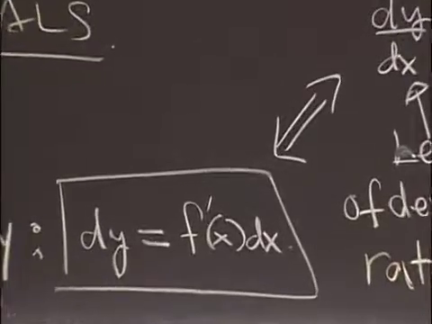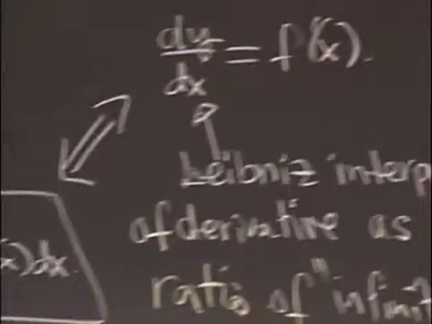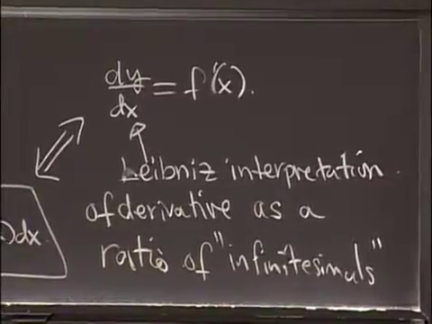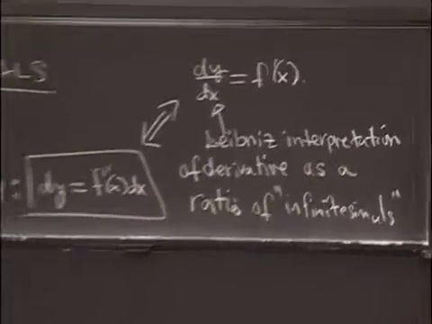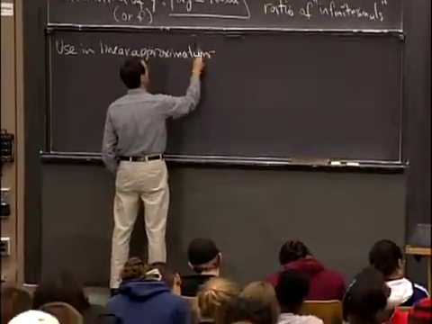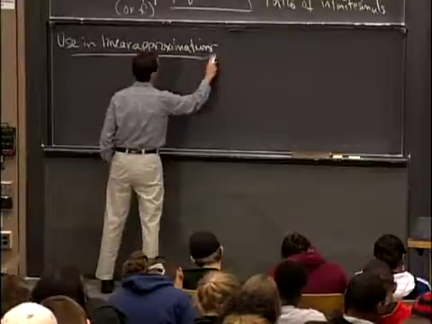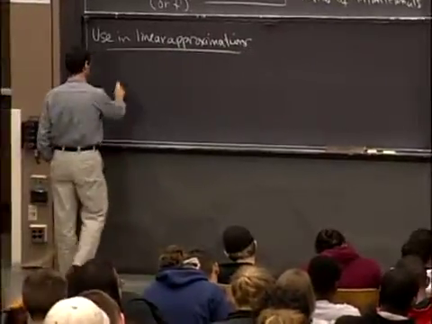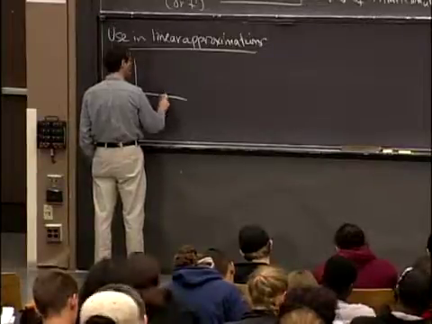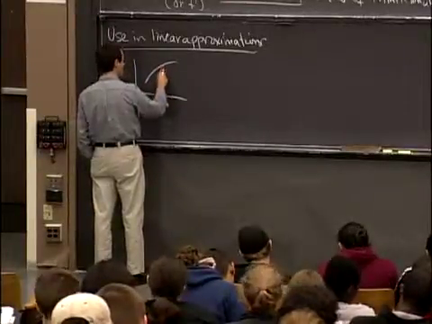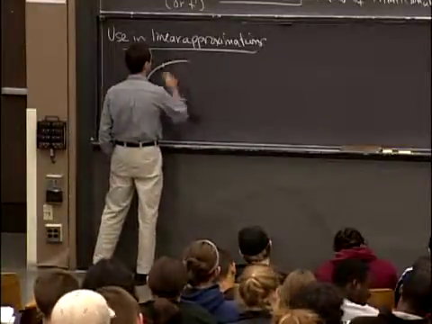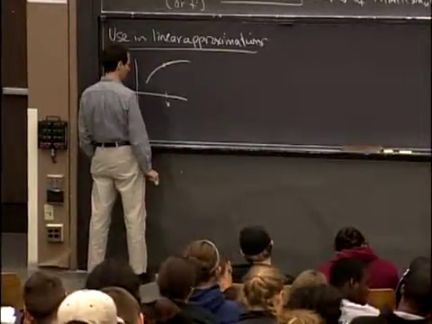So first of all, just to go a little bit easy, we'll illustrate it by its use in linear approximations, which we've already done. The picture here, which we've drawn a number of times, is that you have some function, and here's a value of the function. It's coming up like that. So here's our function.